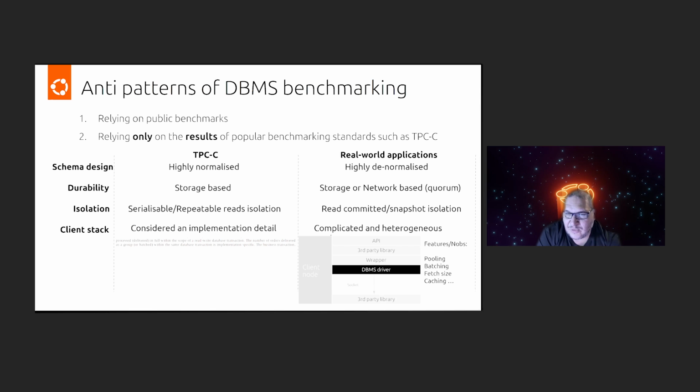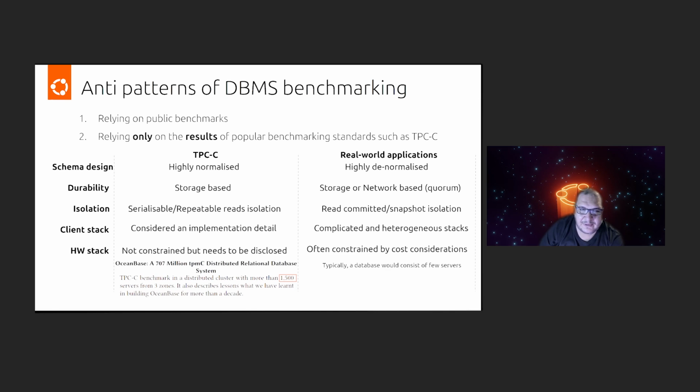This parameter alone, if it is tuned correctly, can have a lot of impact by reducing the number of round trips between the client and the database. Batching is obviously another example.